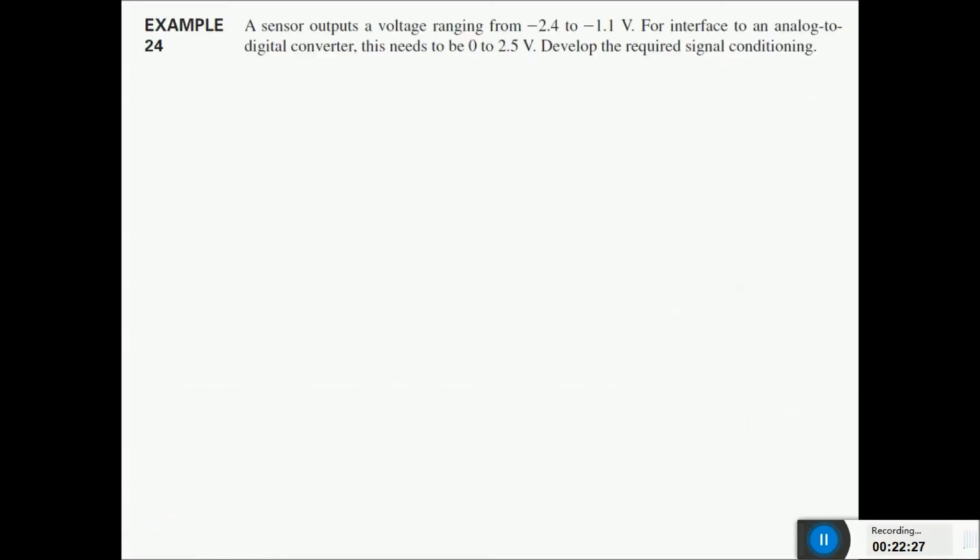And to demonstrate these design rules and to follow them step by step, let's solve an example from your textbook. This is example number 24, and here the statement is that you have a sensor that outputs a voltage in a range of negative 2.4 to negative 1.1 volts.